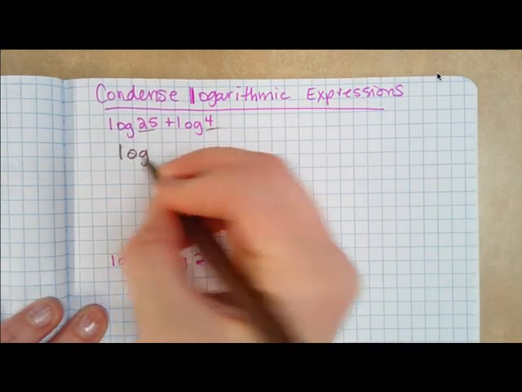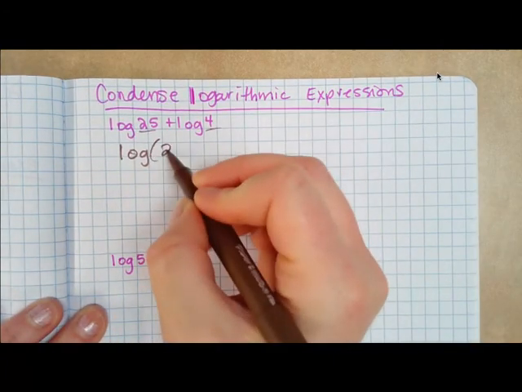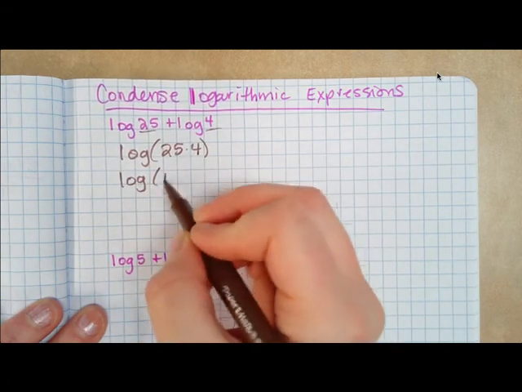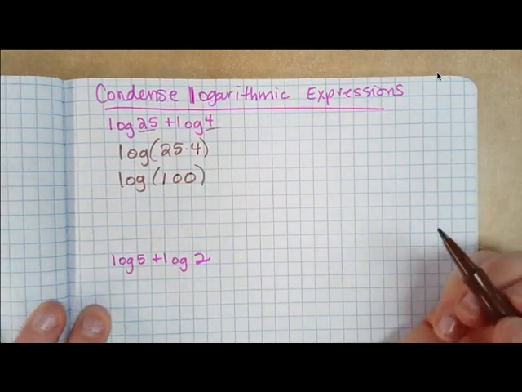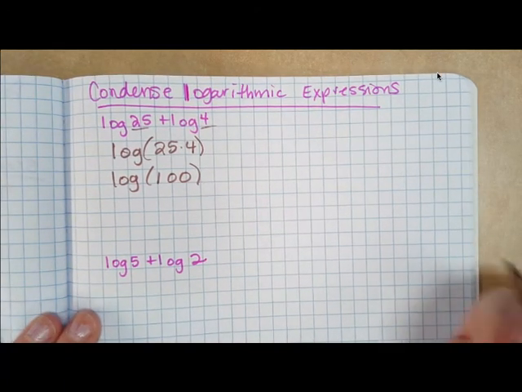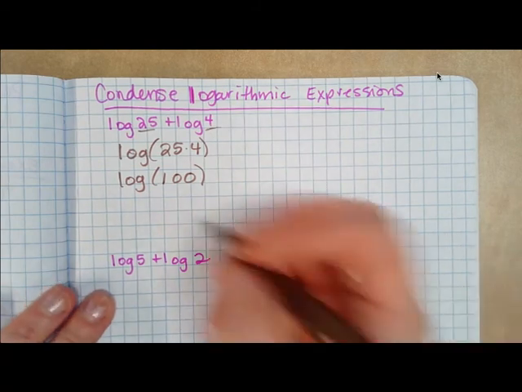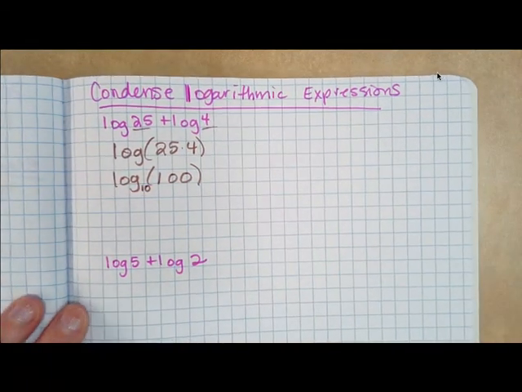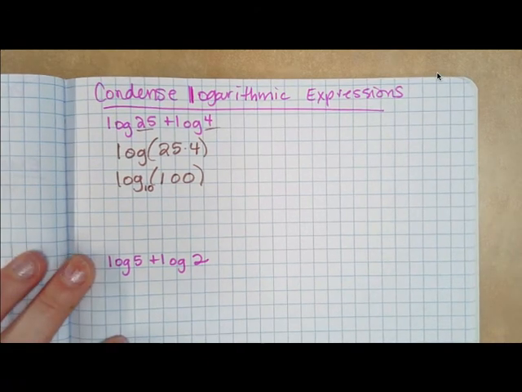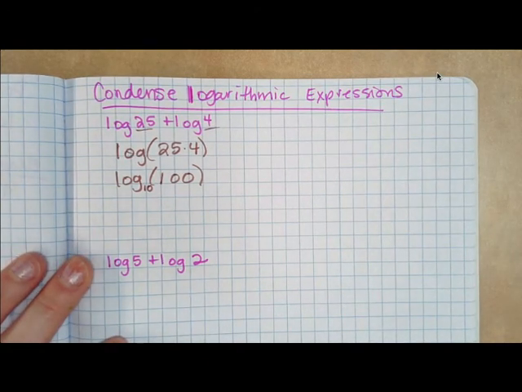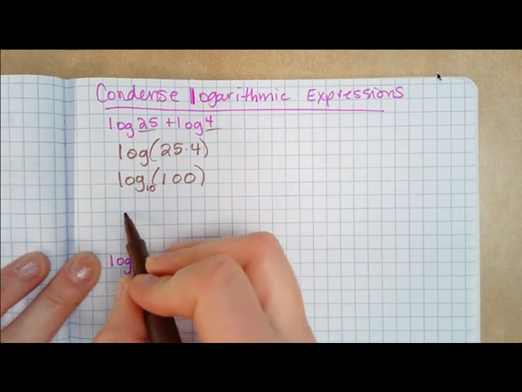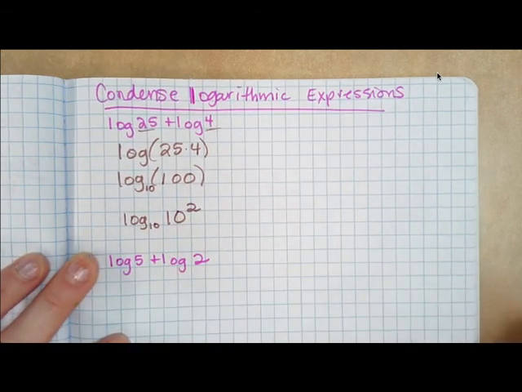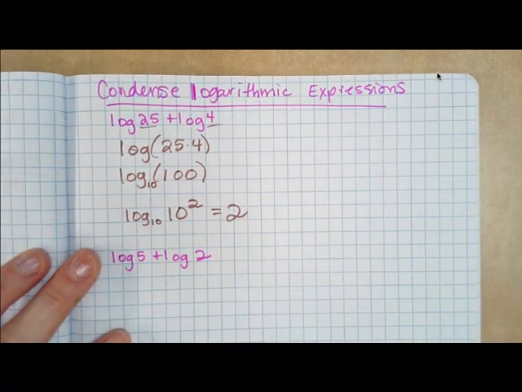So log of 25 times 4, which would give us log of 100. And that really means log base 10 of 100. And going back to that rule, it would be like log base 10 of 10 squared equals 2.